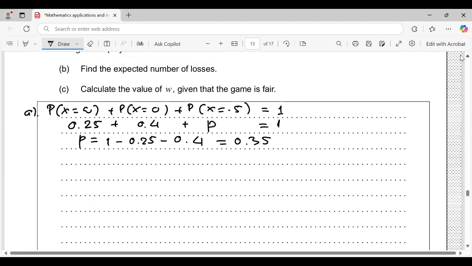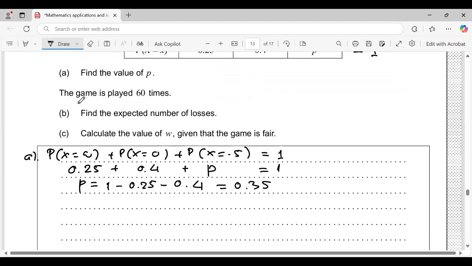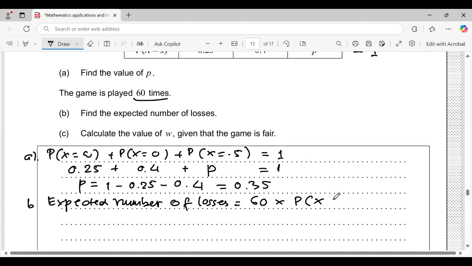Find the expected number of losses. Wait, I would like to see the information. The game is played 60 times. And find the expected number of losses. So the expected number of losses equals 60 times the probability X equals minus 5.